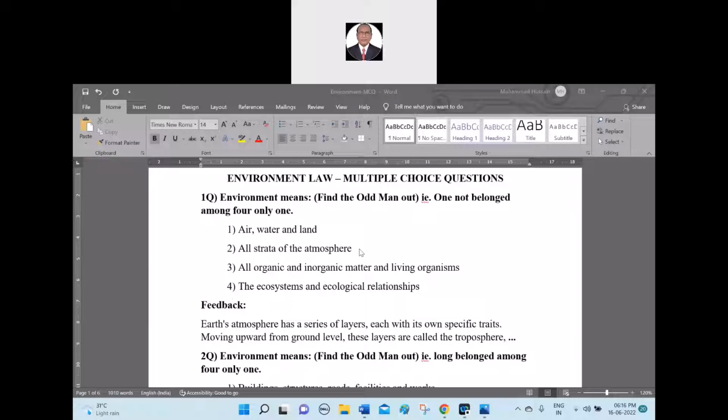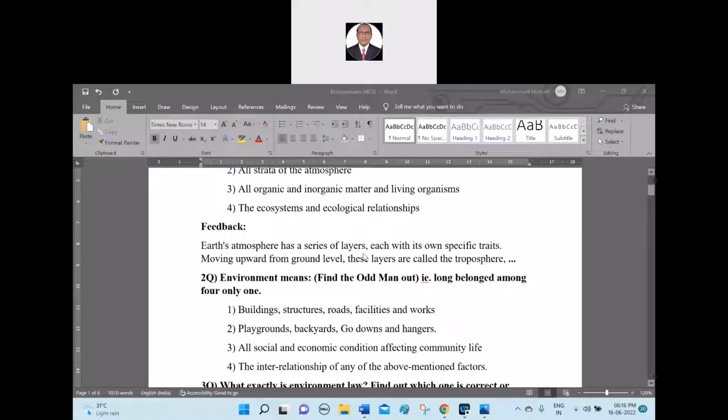In the atmosphere the layers are there, but below the earth strata is there, because the rock strata, sand strata, and water strata are below the land. We can say strata below the land, but above the land we can say layers. Okay, that is not connected to it.